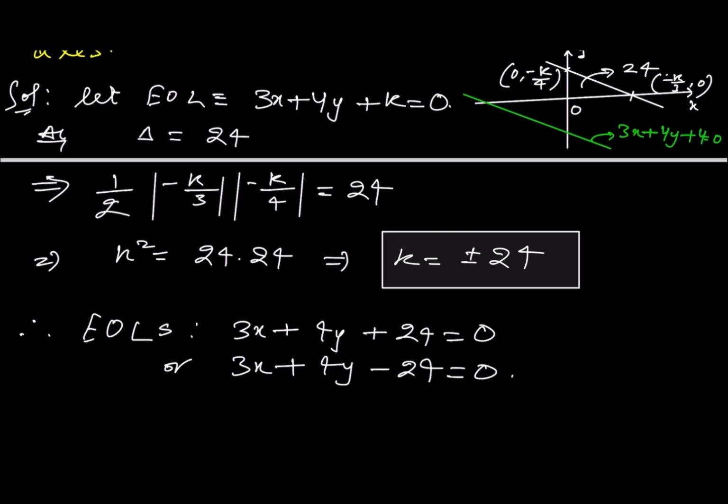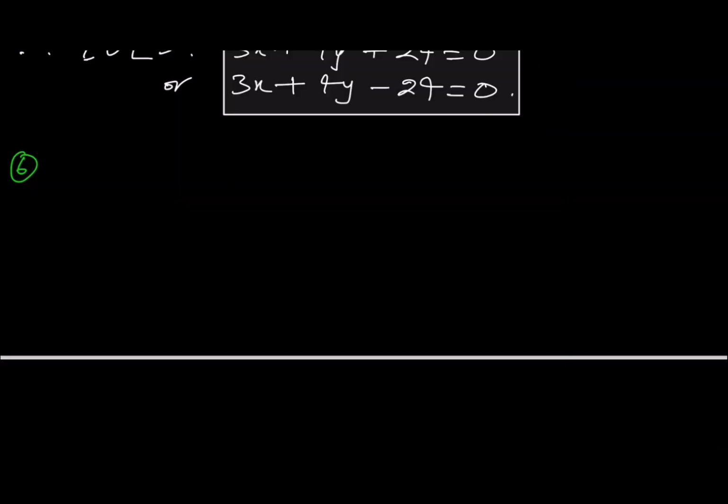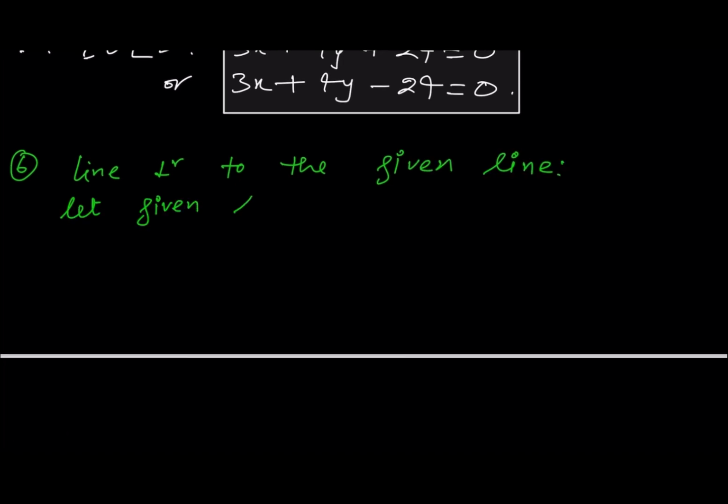Okay, line perpendicular to the given line. Let the given line be ax plus by plus c is equal to 0.